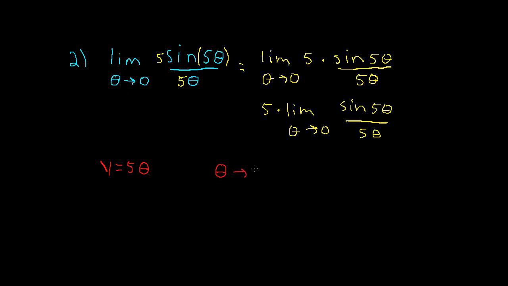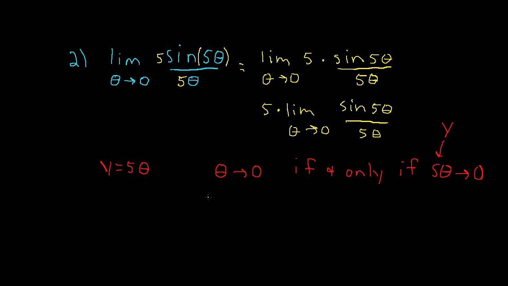If we let y equal 5 theta, I want you to recognize that theta going to 0, which comes from our original part of the problem, is going to happen if and only if 5 theta goes to 0, or y. This right here, remember, is just y.